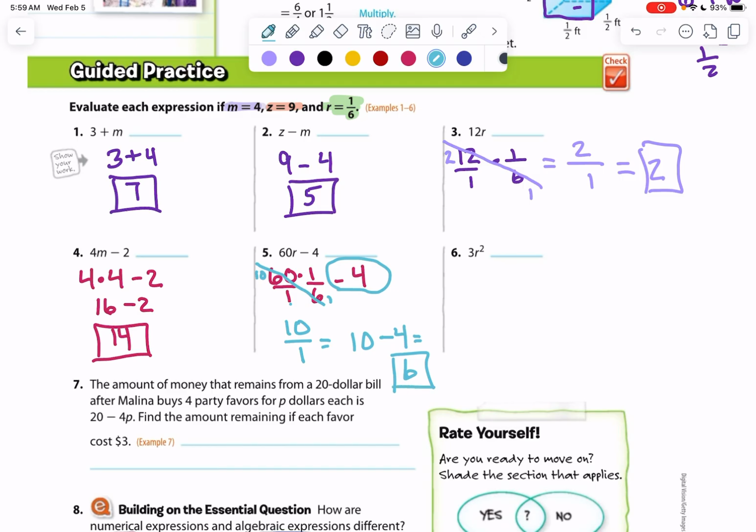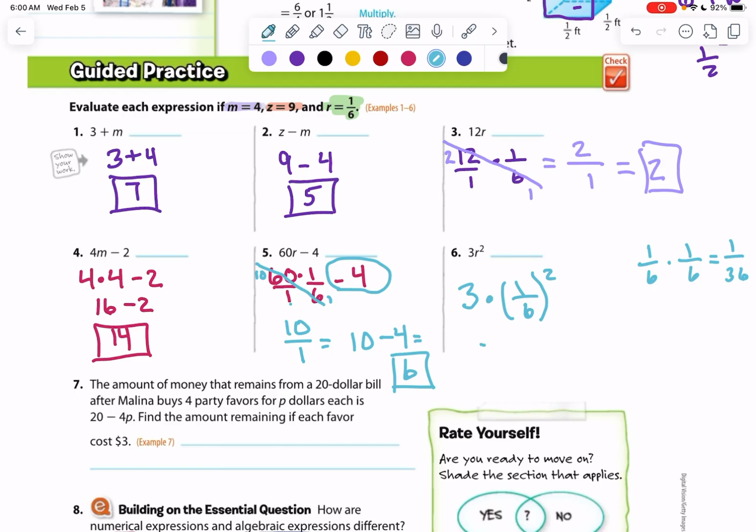Okay, or my solution. 3 times whatever R is. So 3 times R squared. So we have 3 times R is 1/6 squared. So we're going to need to do our exponent first, right? So that is 1/6 times 1/6, which equals 1/36.